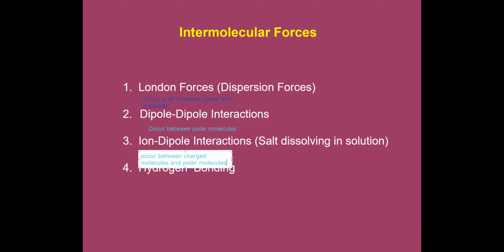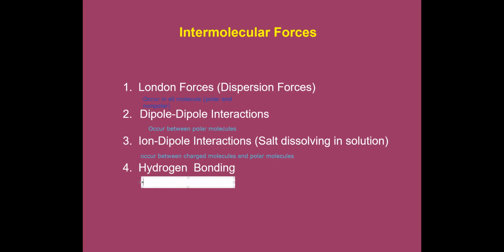There we go. That's what I wanted to do. And hydrogen bonding, this is a special type of dipole that occurs only between hydrogen and, this is where you have to remember, fluorine, oxygen, and nitrogen.